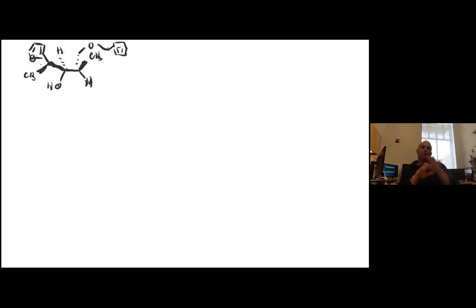So if we have, okay, this product is formed with about 8-to-1 selectivity with respect to its diastereomer, where I've inverted the two centers here.